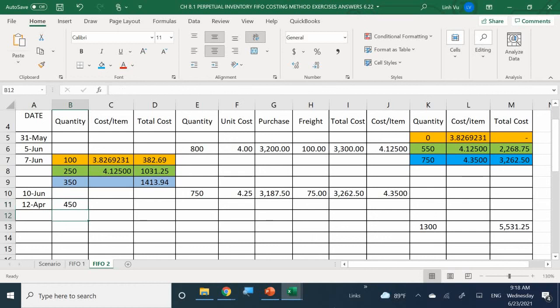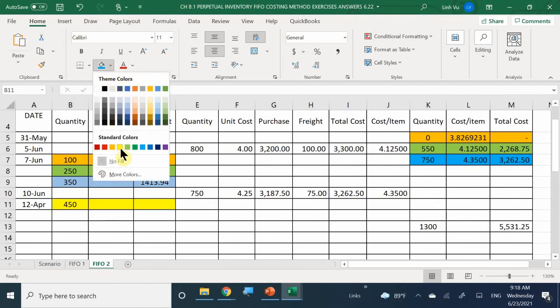Do we have enough to sell 450 units? Yes. Which batch are we going to take out from first? The 550, or the green batch? And that's correct. Now, what's my cost per item going to be for this batch of inventory?